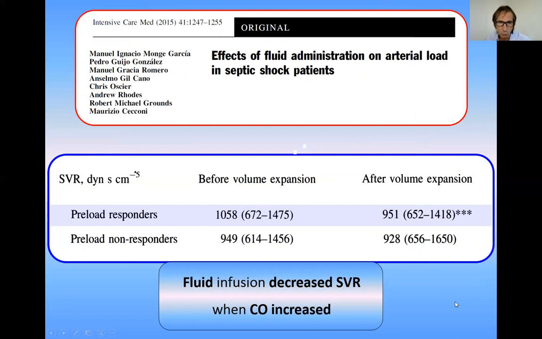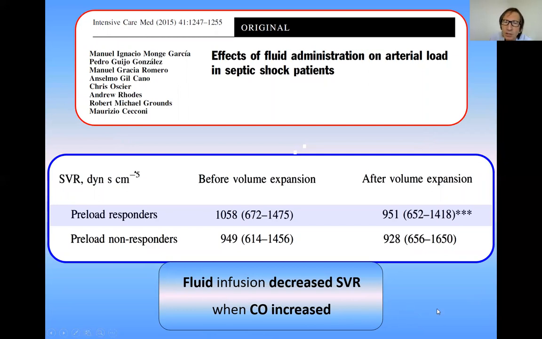They gave fluid to patients, and they looked at the systemic vascular resistance before and after administration of fluid, and this subdivided their population in preload responders and preload non-responders in function of the increase in cardiac output after fluid administration. As you can see, fluid infusion decreased SVR only when cardiac output increased.